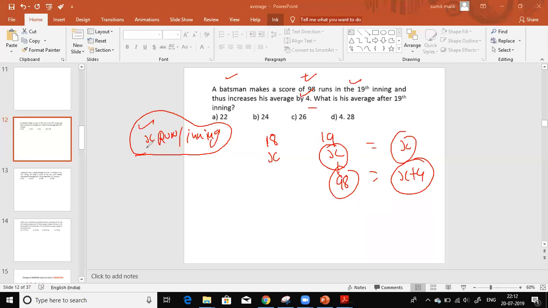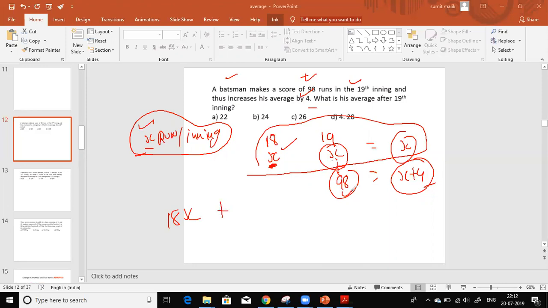I am assuming X runs per inning. If he scores X runs every inning, then his average remains X. But in his 19th inning, he is not scoring X, he is scoring 98. When he scored 98, his average increased to X plus 4, which gives the equation. If he is scoring X runs per inning, then how many runs has he scored in 18 innings? 18X.